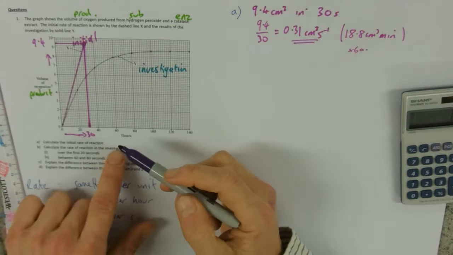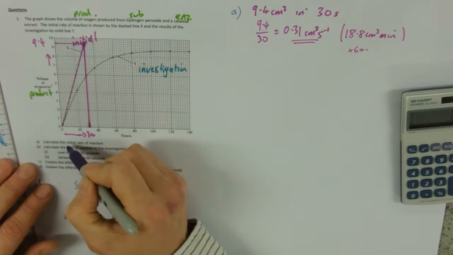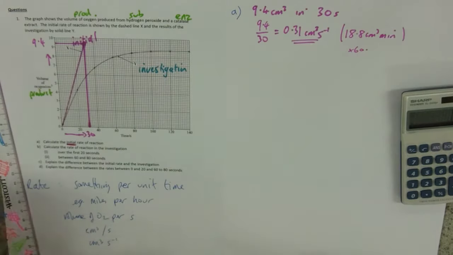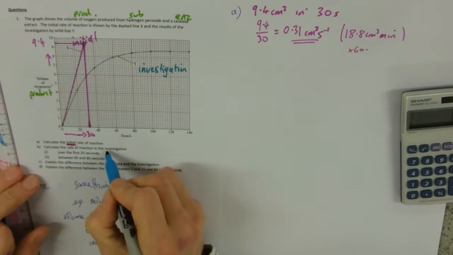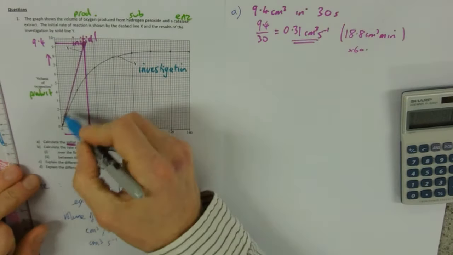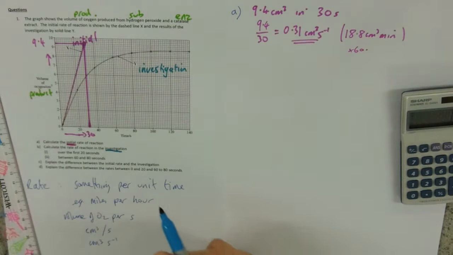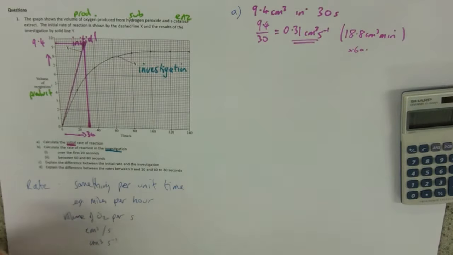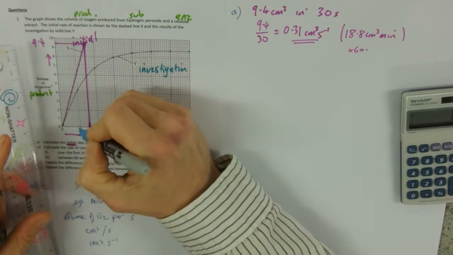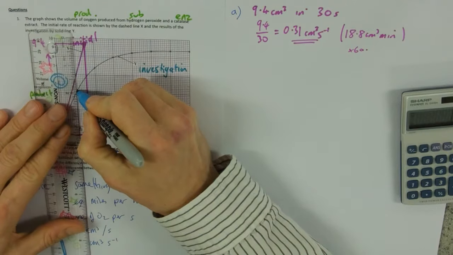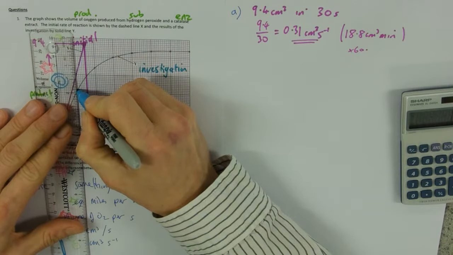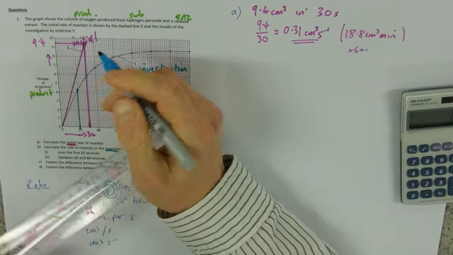Now if that was our initial rate there, we now put that pen away and get this pen out, and this is our investigation. So we need to use this other line. For the first 20 seconds of our investigation, helpfully there's a little cross there as well.